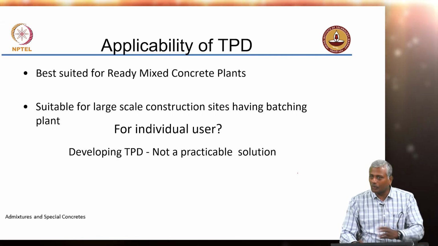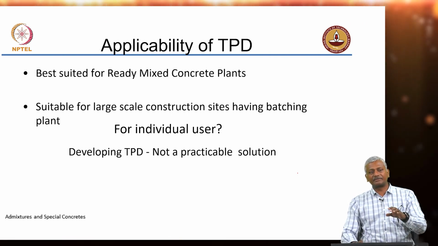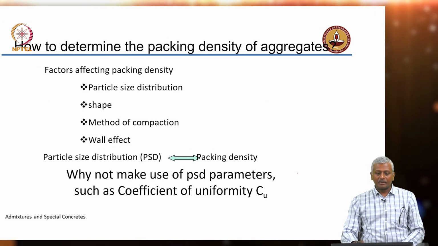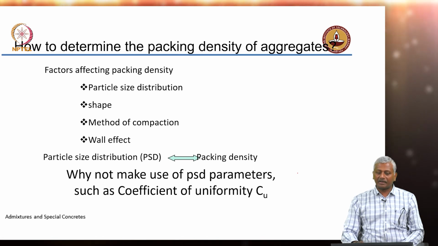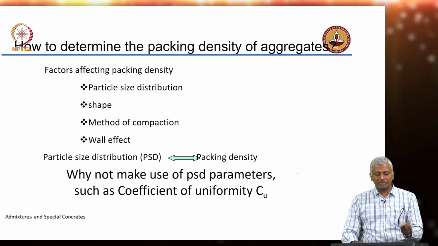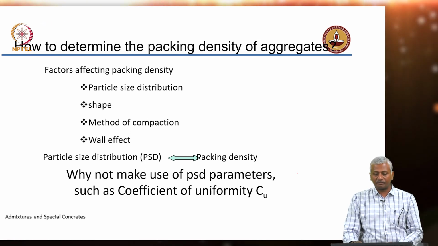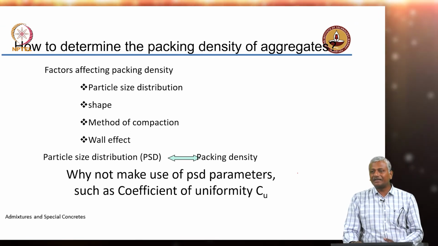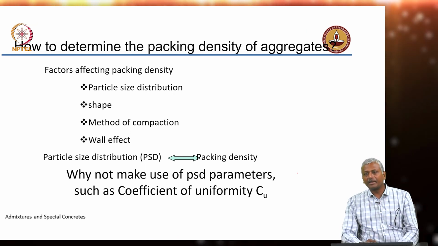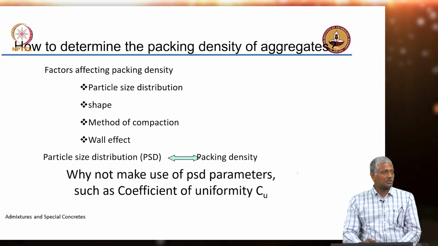So if you want to go directly in, is there a solution for this? We wanted to look again at what aggregate characteristics are suitable for better packing. Based on the factors that affect packing density, including particle size distribution, shape of the aggregate, compaction method, and taking into consideration wall effects, it was seen that one of the parameters that has a primary influence on packing is the particle size distribution.